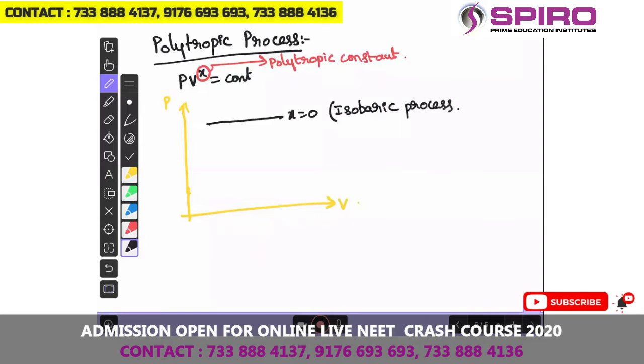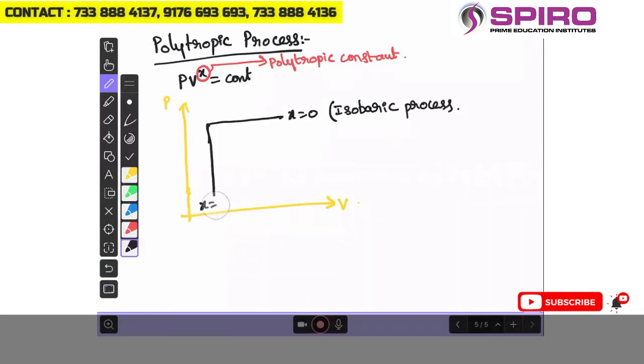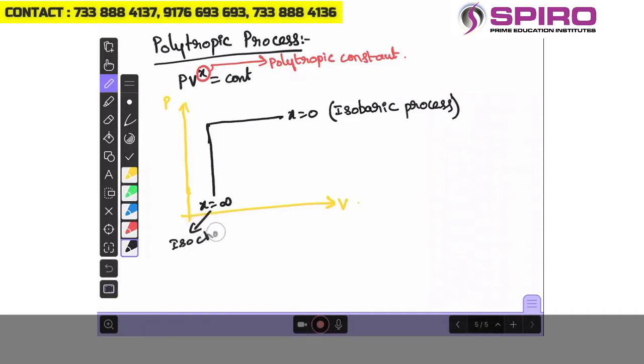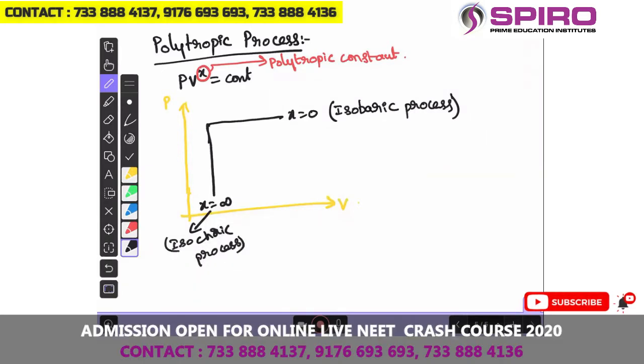And X equal to infinity. X equal to infinity means volume will be constant. This is called isochoric process.